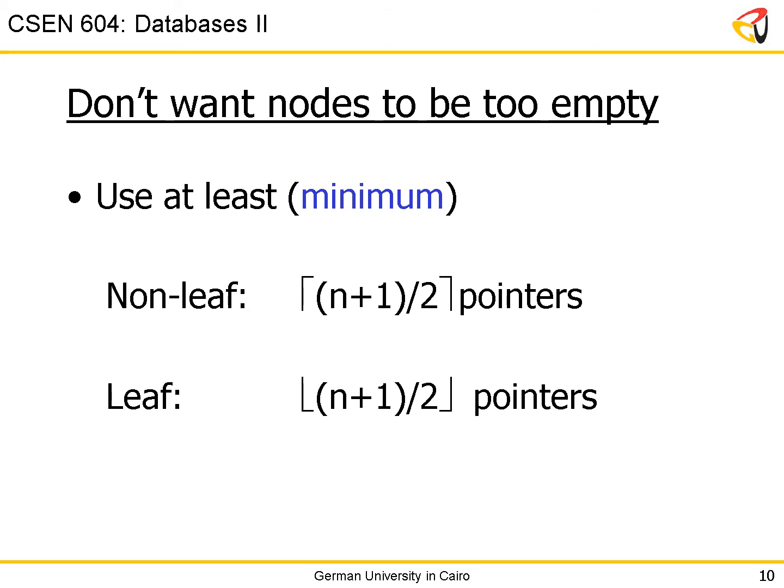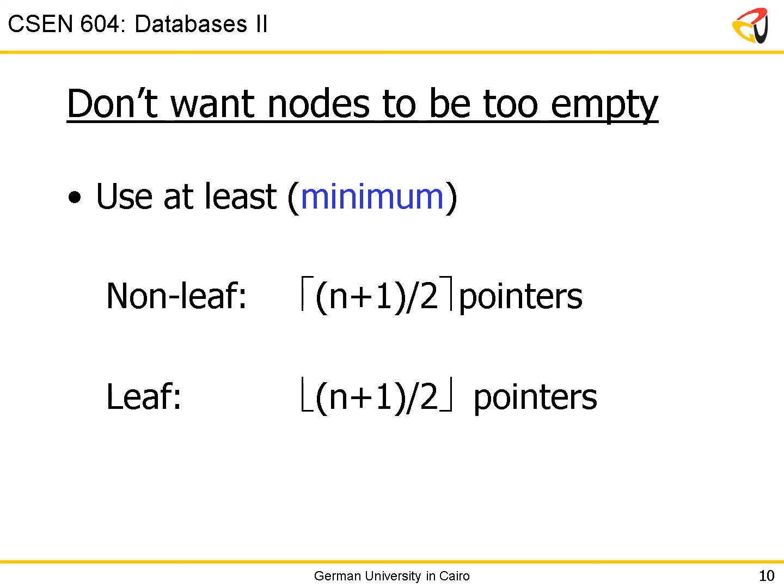If I say n plus 1 divided by 2, it's almost like saying n by 2. It's almost like saying that I want to keep the minimum as half. So if I set my n equal to 10, the half is going to be 5, because I'm dividing by 2. And it's going to be 5 at the non-leaf level, and also something close to 5 at the leaf level. So basically I am saying I will have at least half my n, which is the number of keys, as a minimum. I cannot go below that, because once I go below that, I will start having skewness.